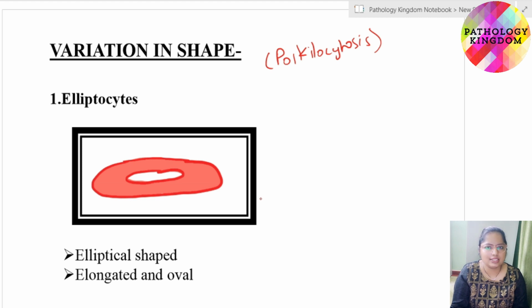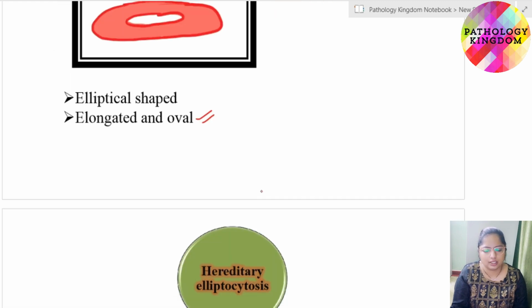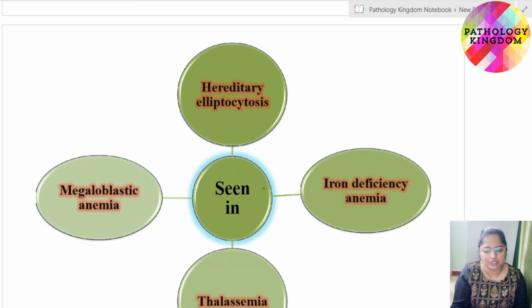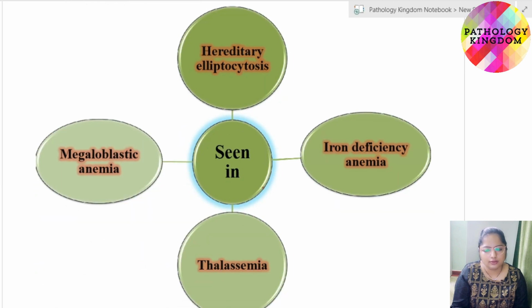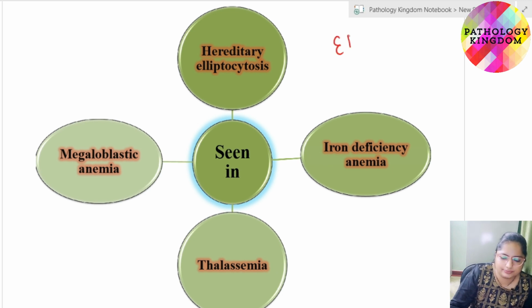The first one is elliptocytes. In this, as you can see, the normal shape of RBC changes from biconcave to elliptical shape, elongated and oval. Now, what are the conditions in which you can see elliptocytes?